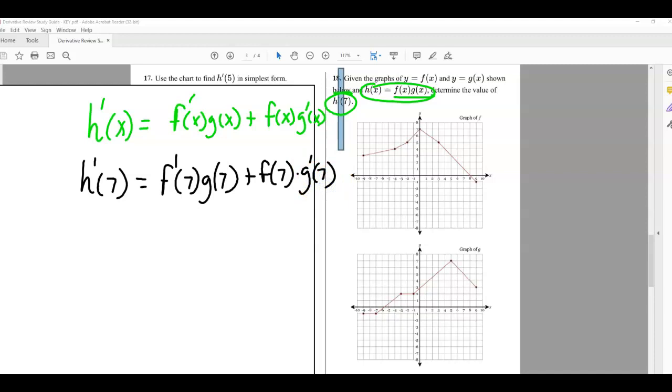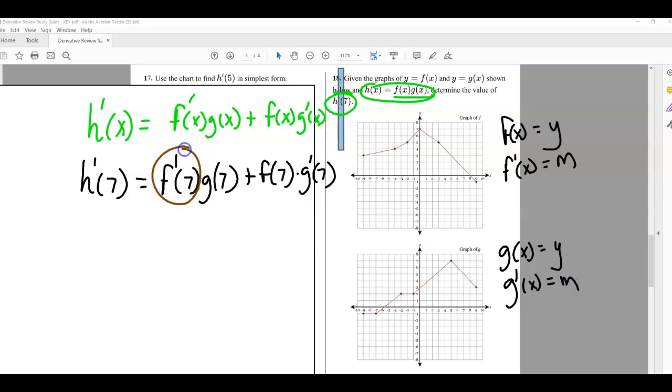Now, f of x is a y value on the graph of f. g of x is a y value on the graph of g. f prime of x is a slope on the graph of f. g prime of x is a slope on the graph of g. So, for instance, f prime of 7.